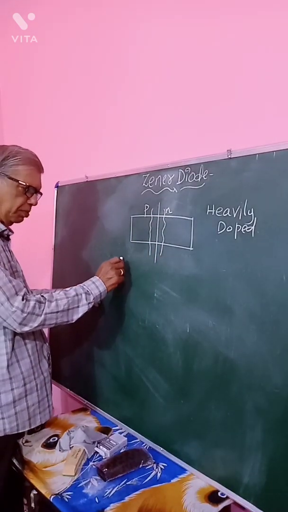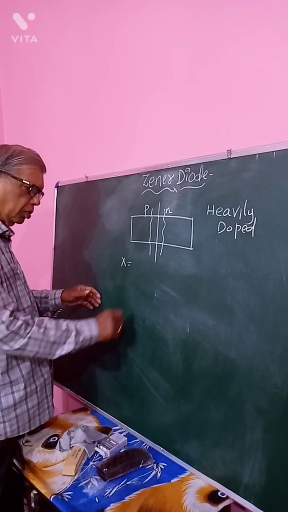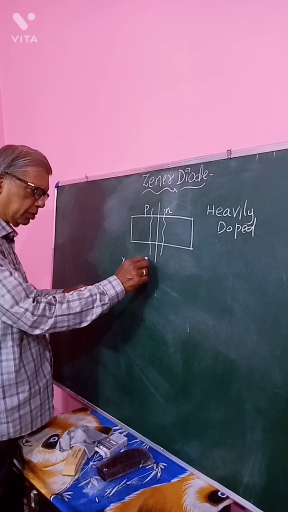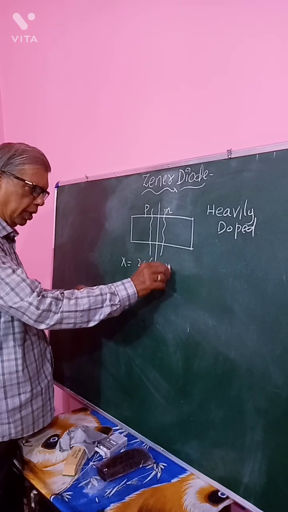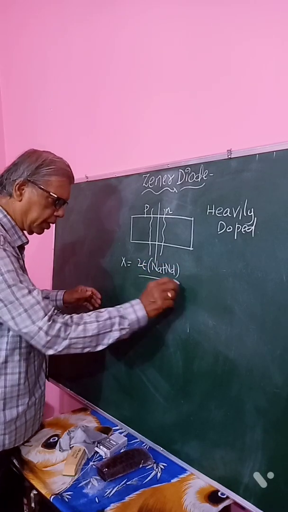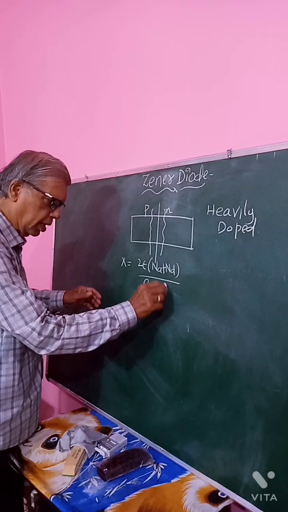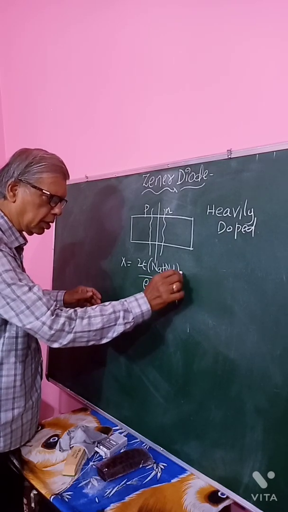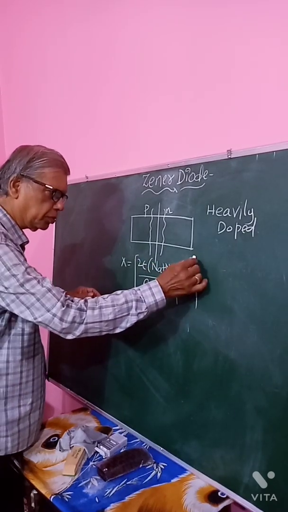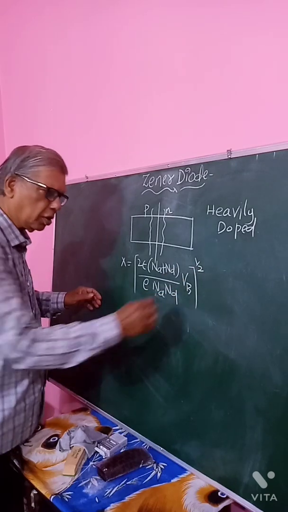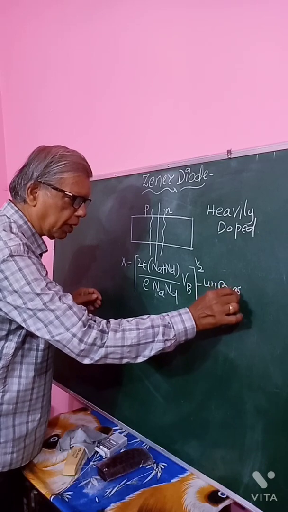There is an expression for width of depletion layer: x equals (2 epsilon (Na plus Nd) / (e Na Nd)) Vb to the power 1 by 2. This is for an unbiased junction.